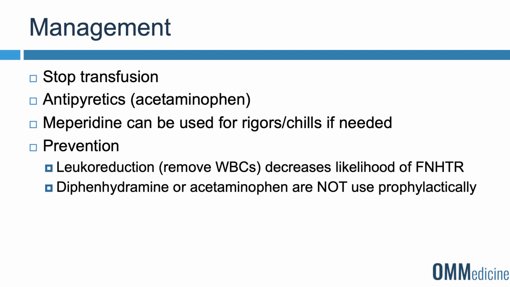And one other high yield point to be aware of, because it is a common distractor on your board exams, is that diphenhydramine and Tylenol or acetaminophen are not going to be used prophylactically to prevent this type of transfusion reaction. The only way that you will really prevent this type of reaction is through leukoreduction of the transfused blood.